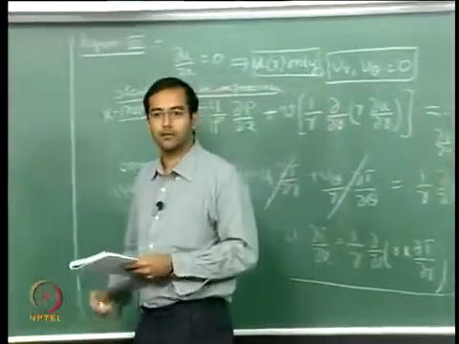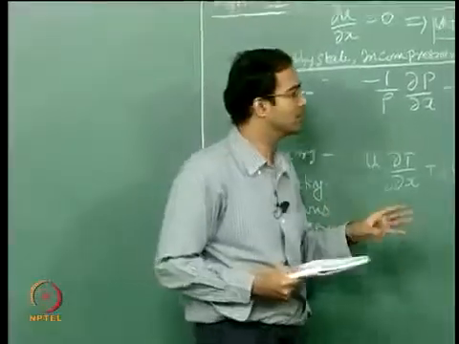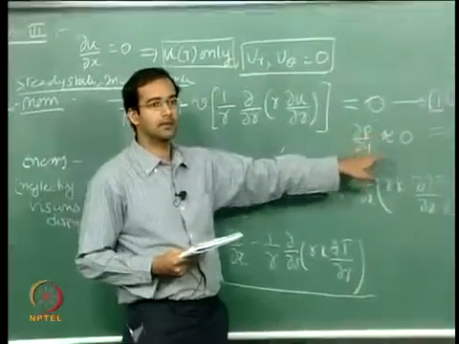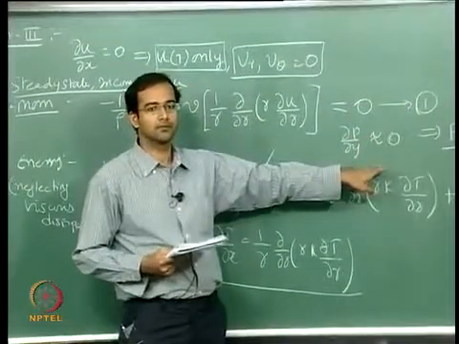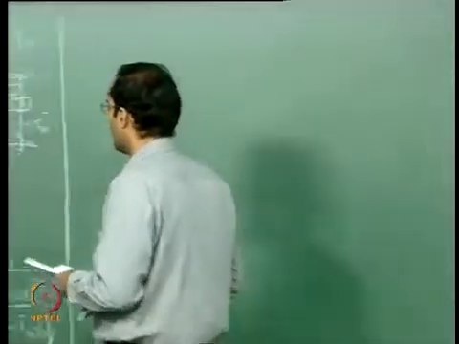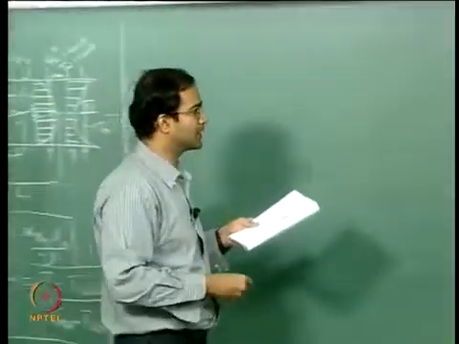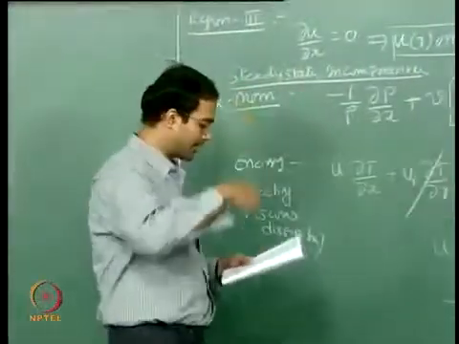If you write the y momentum, all the inertial terms are 0, all the diffusion terms are 0, so that leaves dp by dy is 0. Therefore the pressure is only a function of x, and you have a pressure gradient only along the x direction, which balances the diffusion of velocity in the radial direction.